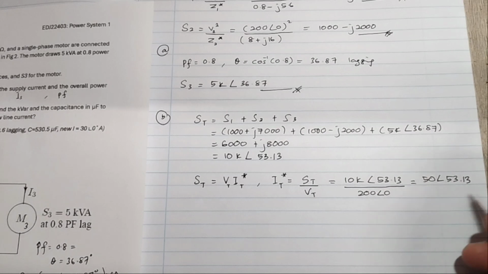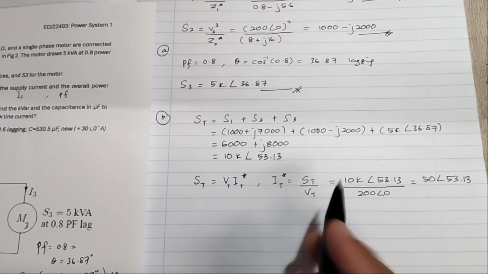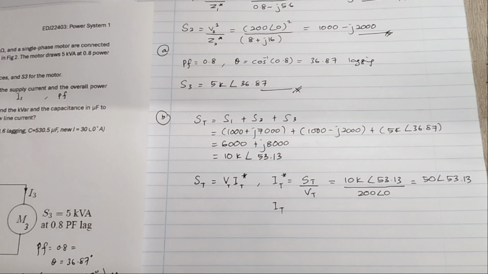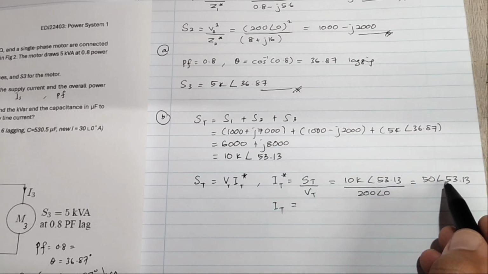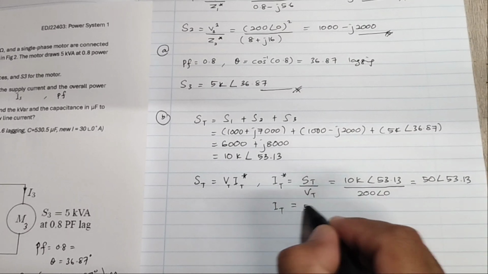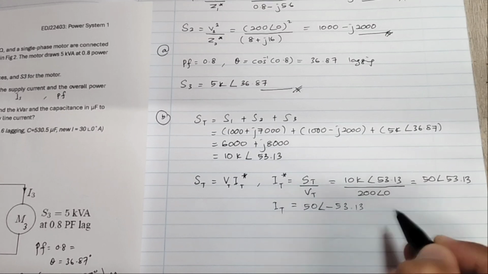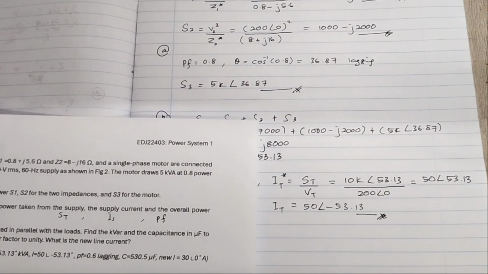Okay, right. So ingat, tapi yang ni ada lagi imaginary conjugate ni. So I total sebenar adalah, kalau ada conjugate, so positif become negatif. Macam tu. This one is I total. Ataupun question ask you tadi, the supply current.